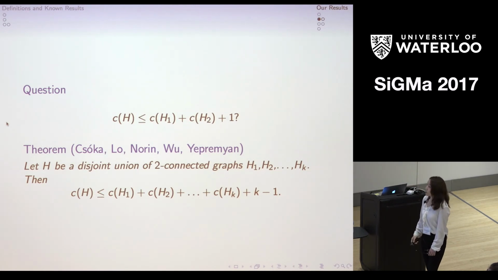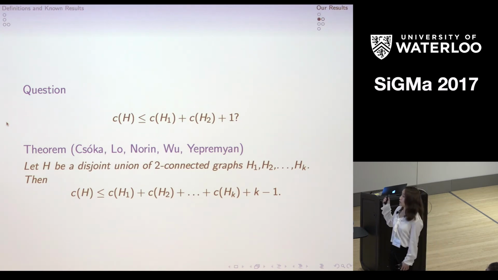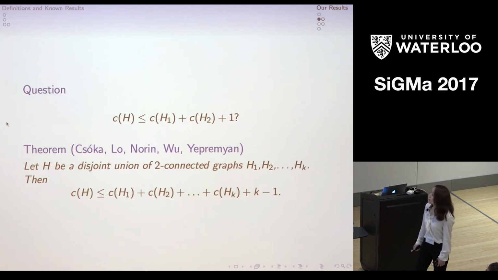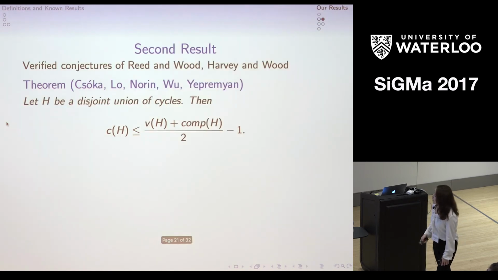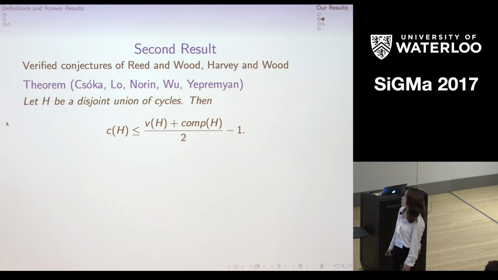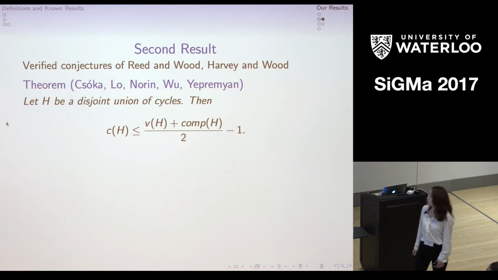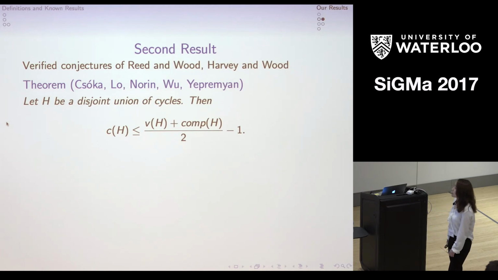I would also like to mention that Yan Wang and Hehui Wu proved the inequality is completely true. From their theorem, they actually obtained the result for C(H) for disjoint unions of cycles, which verified the conjecture of Bruce Reed and David Wood, and Daniel Harvey and David Wood.